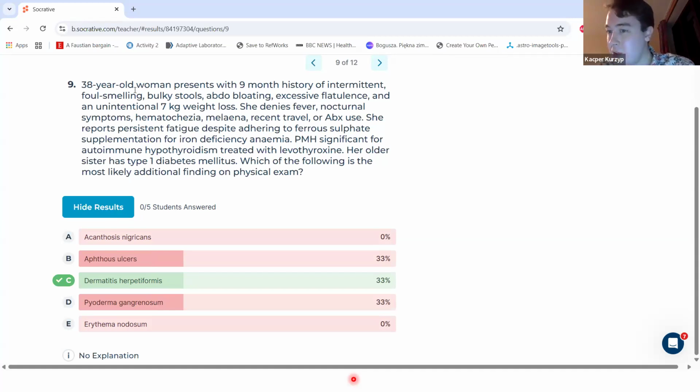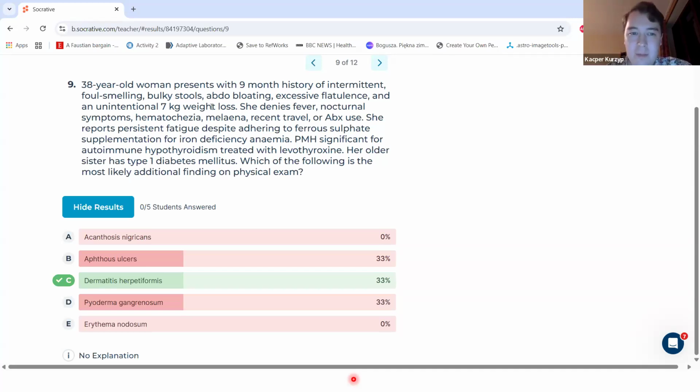Now, this is a condition we haven't covered, but I think it is important because it does come up both in AKTs and in LabMed. What are we thinking? Intermittent, foul-smelling, bulky stools with bloating seems interesting. Could be IBD. Unintentional 7 kg weight loss points us towards something more serious than simple IBS.